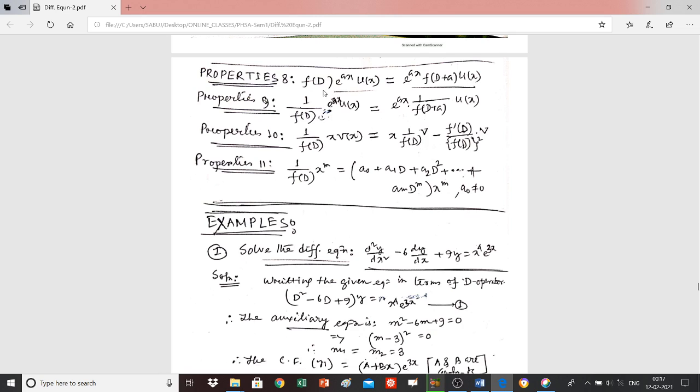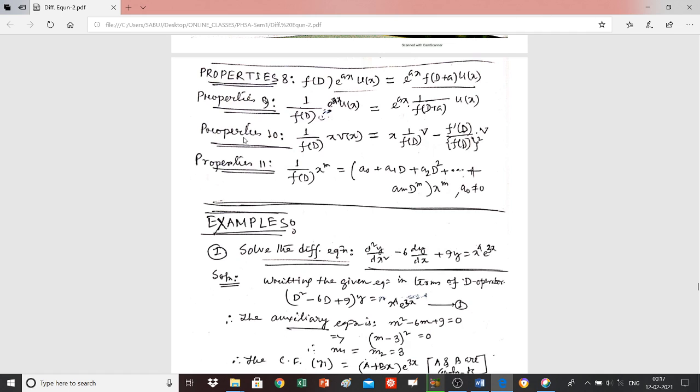So from here it is clear that 1 by f(D) e^(ax) times u(x) is equal to e^(ax) taken to the left, and then D is replaced by D plus a. So 1 by f(D plus a) then u(x).